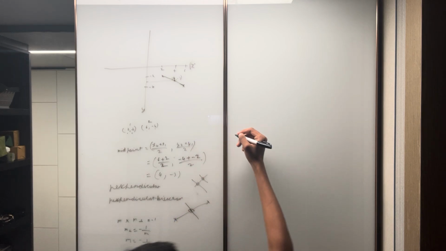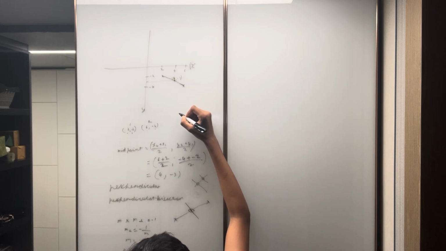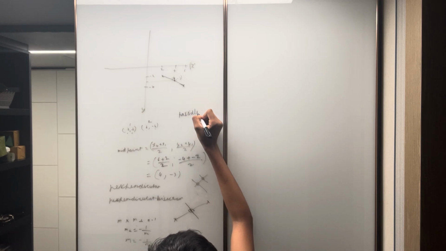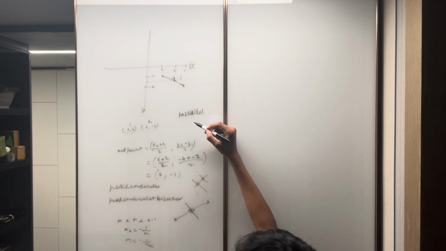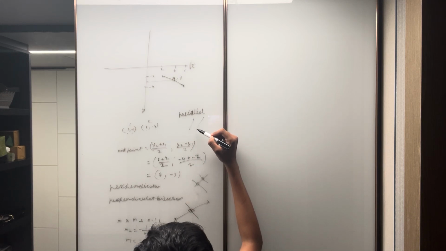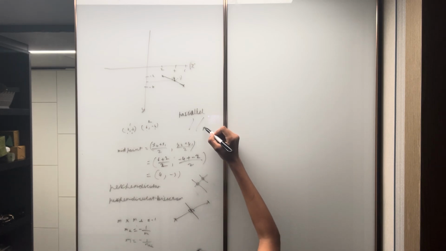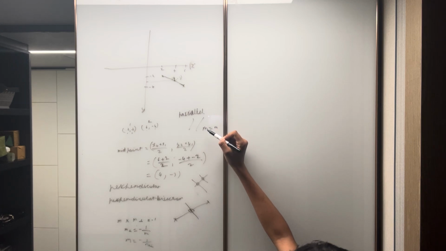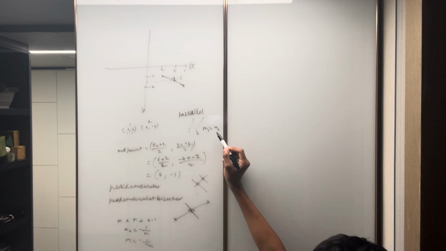Now there's another term called parallel. What does parallel mean? This means there are two lines, and the thing between these two lines is that the gradient is the same. This is line 1, this is line 2, and the gradients are the same.